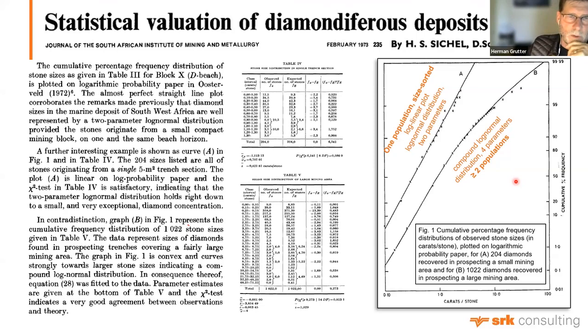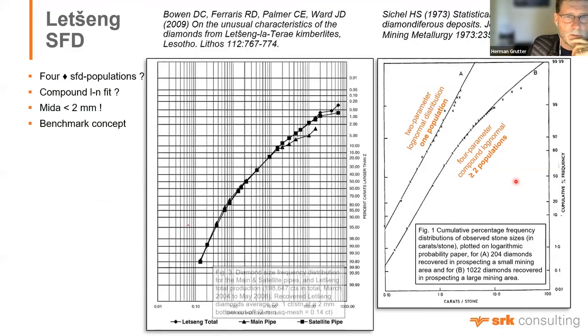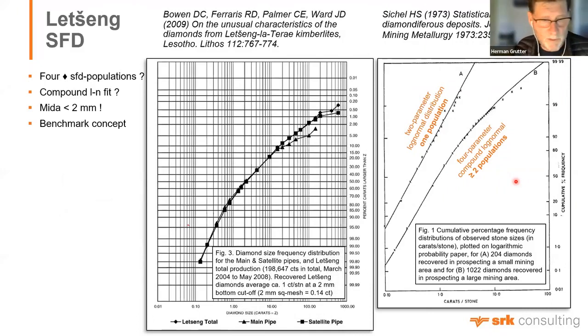we can now go and look at one of the best size distribution graphs that's been published of late. It's the one that comes out of the paper by Debbie Bowen and other authors, including John Ward. It was published in 2009. There is no other size frequency distribution published in the public domain like it.